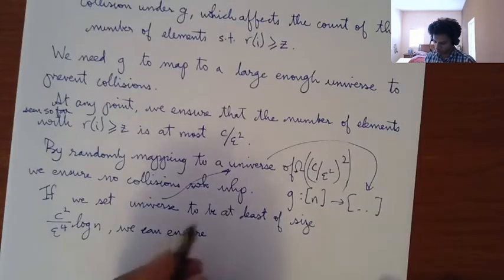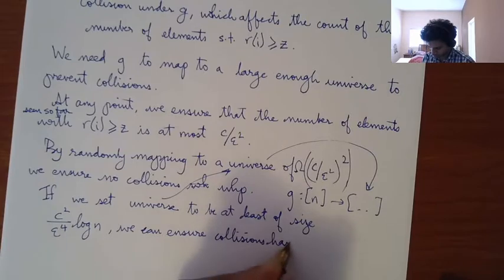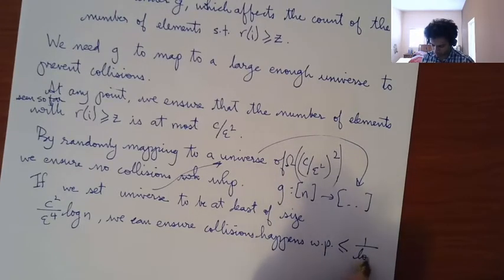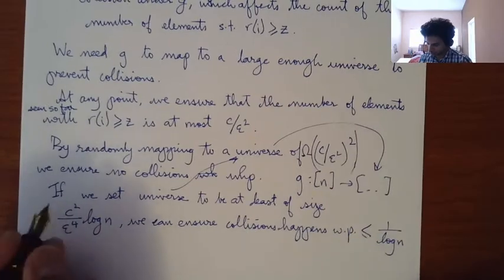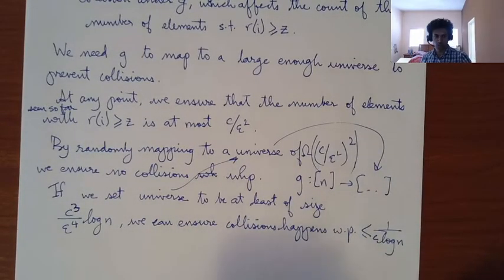We can ensure collisions happen with probability at most something like 1 over log n. You can put some extra factors of C over here, and you can ensure something like C log n over here.